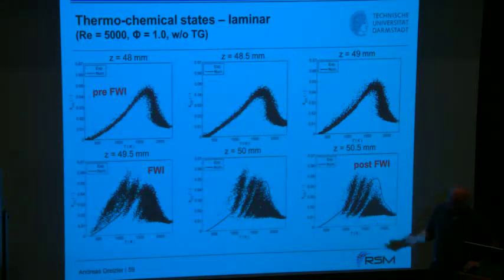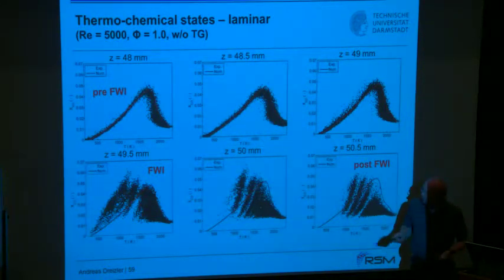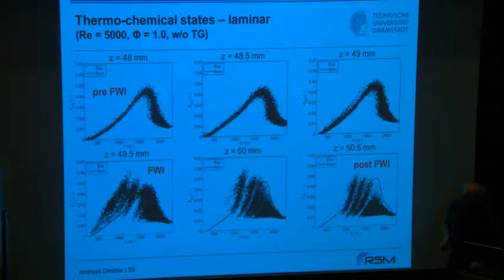That is maybe not astonishing, because that information has been used for calibration. Yeah? So you see at 48 millimeters, no impact of the wall. Your measured data look very similar, maybe not here already, there might be some influence, but very similar to an unbounded flame.